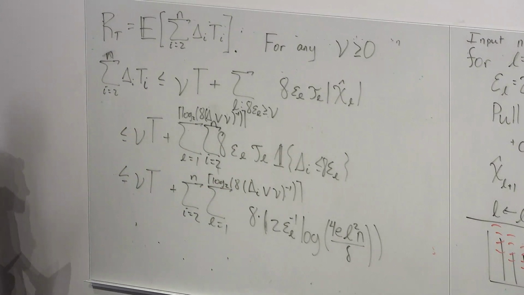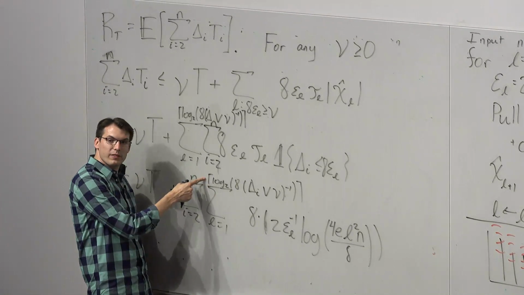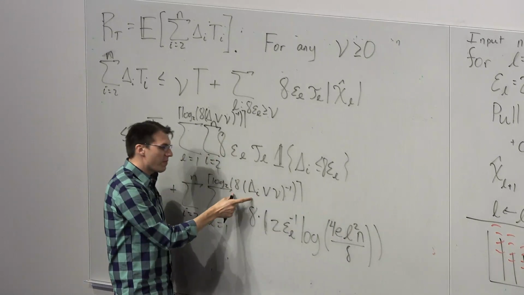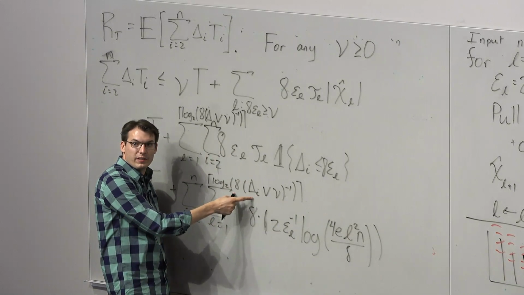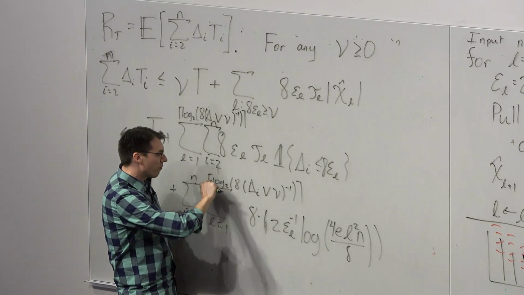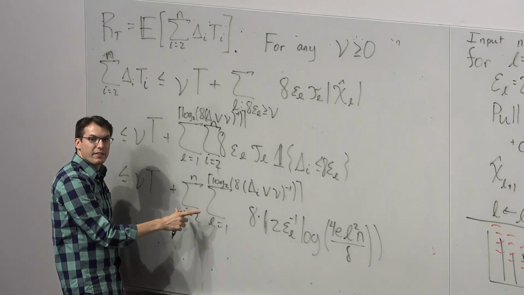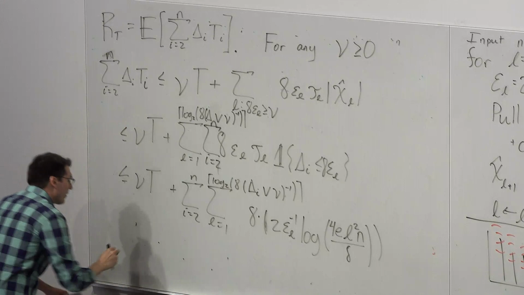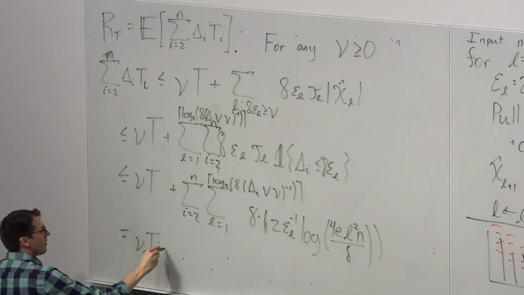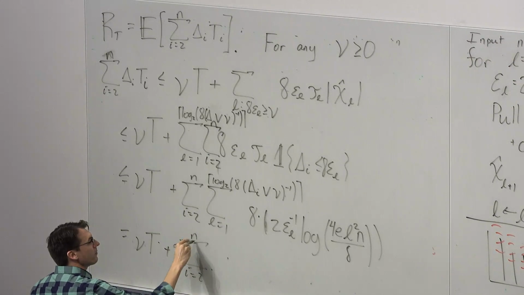Okay? And now what I'm going to do is this sum from L equals 1 to this big sum means that each one of these L's in here is less than or equal to the maximum, the limit, right? So for this log, I'm going to plug this value into this value of L and pull this logarithm outside. And then what I get is nu T plus i equals 2 to n.